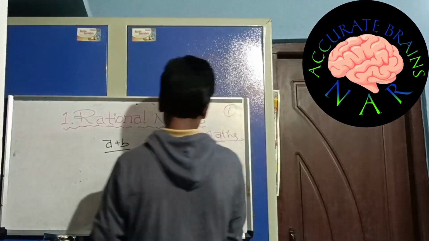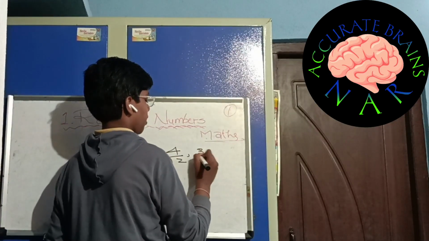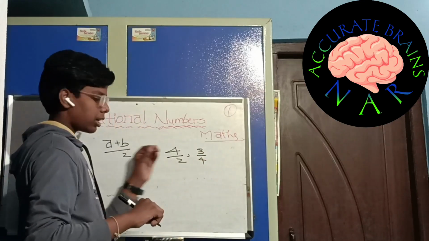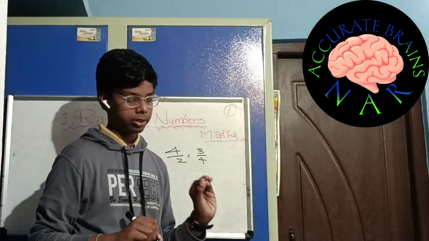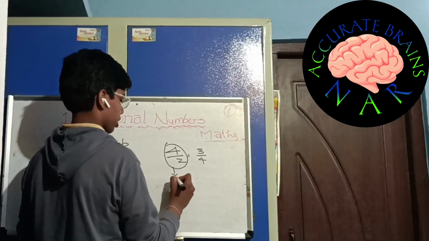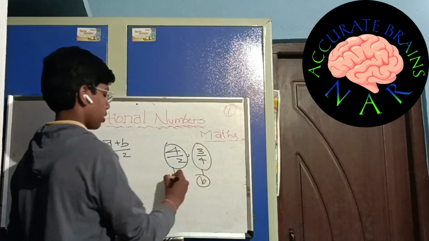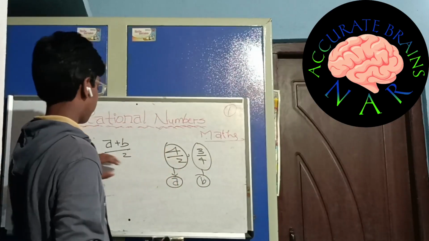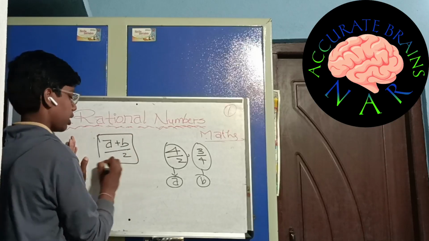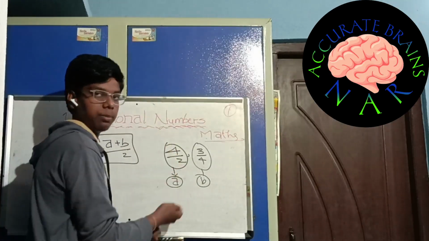Assume 4/2 and 3/4 are two rational numbers, 4/2 as A and 3/4 as B. With this formula, we can get the in-between rational number between 4/2 and 3/4.